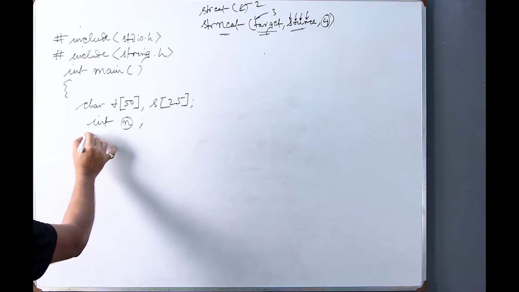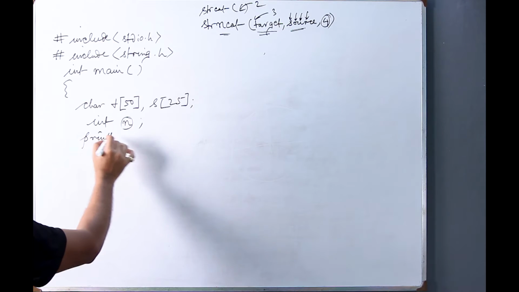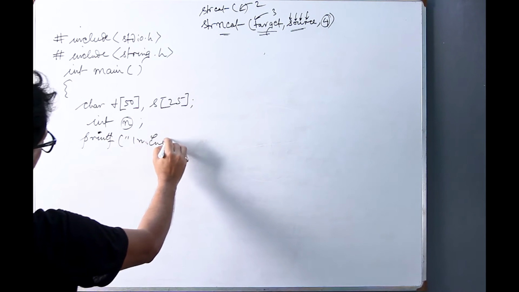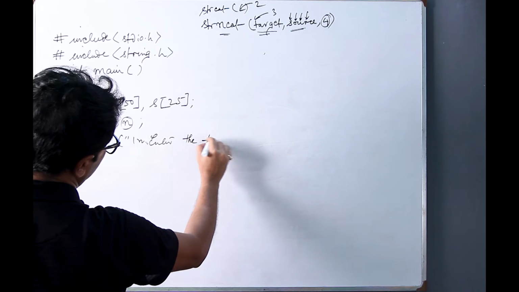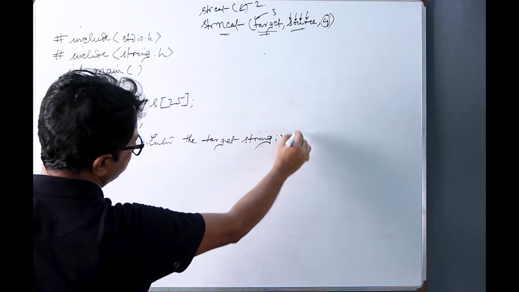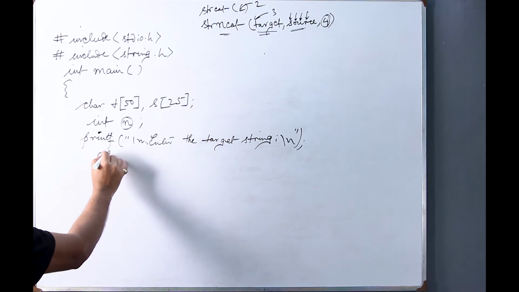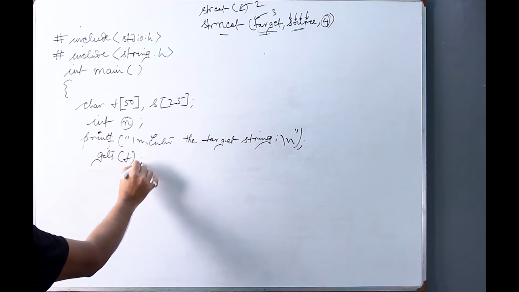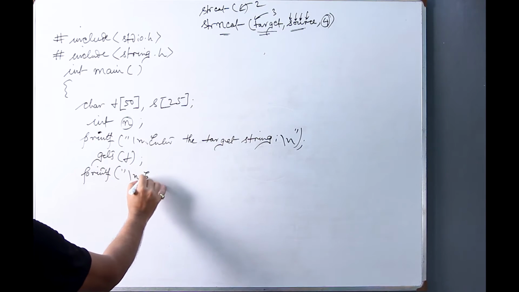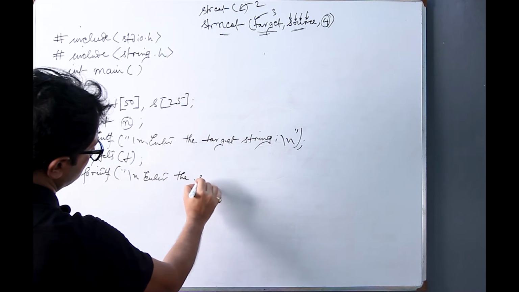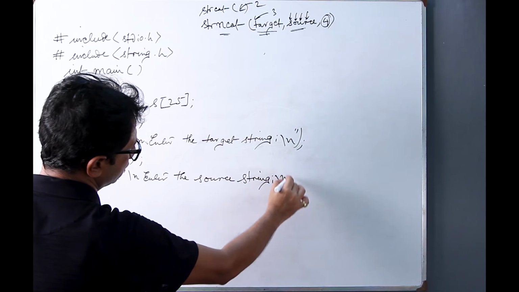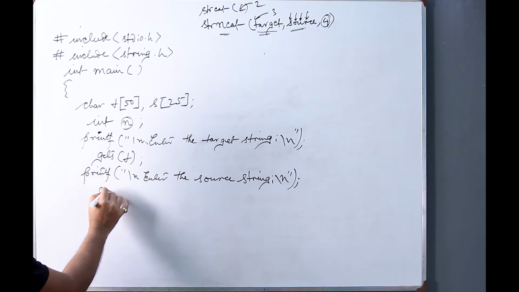Now I will give a prompt to the user: printf "enter the target string", gets(t), printf "enter the source string\n", then gets(s).